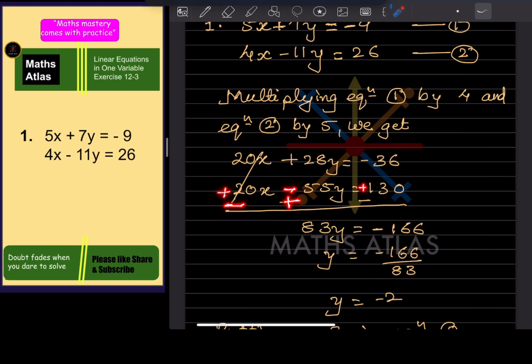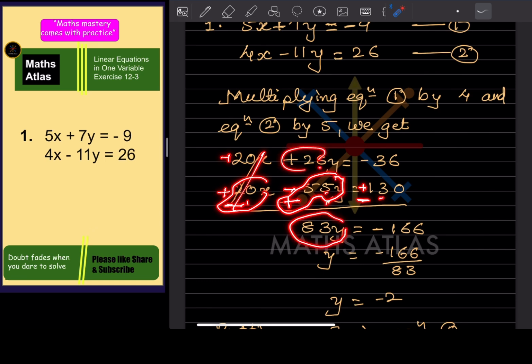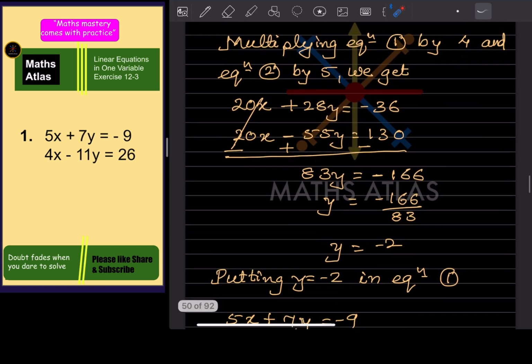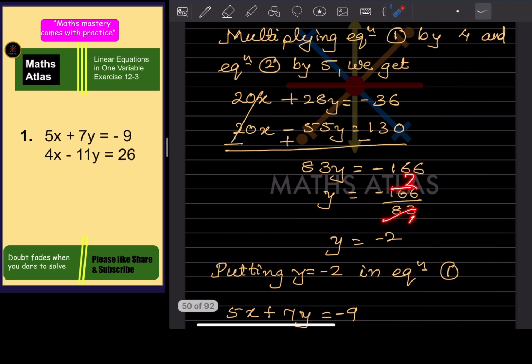So the 20x terms cancel out. Again looking at the new signs, 28 plus 55 is 83y, and minus 36 minus 130 is minus 166. So 83y is minus 166. This is multiplication, so it will get divided, and the value of y will be minus 2.